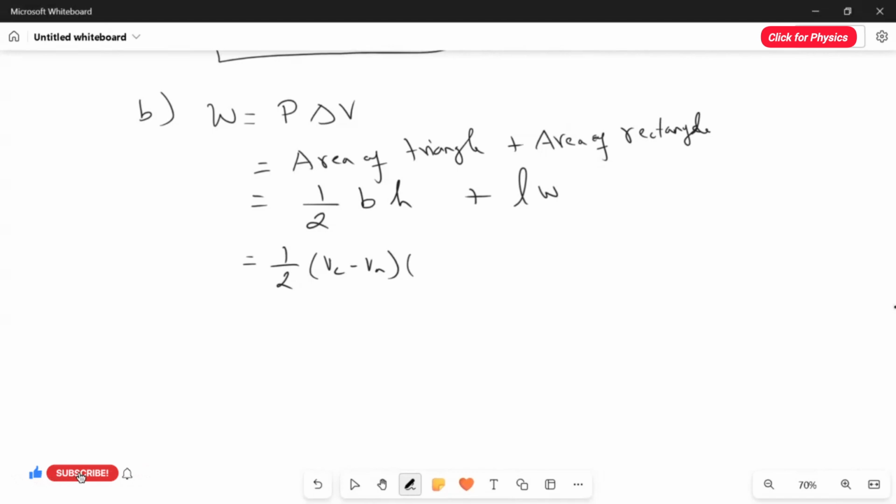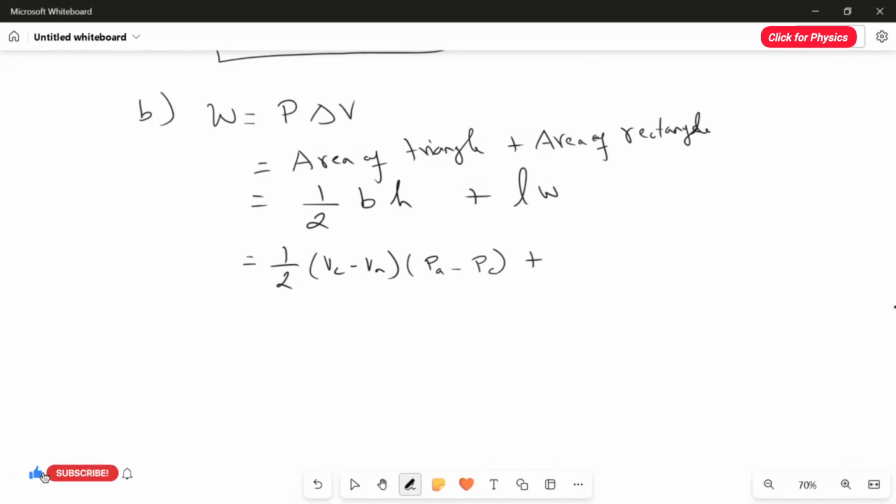Point A value here is 5 kilopascal, which is 5 times 10 to the power of 3. Or I can first write the formula: pressure at point A minus pressure at point C.